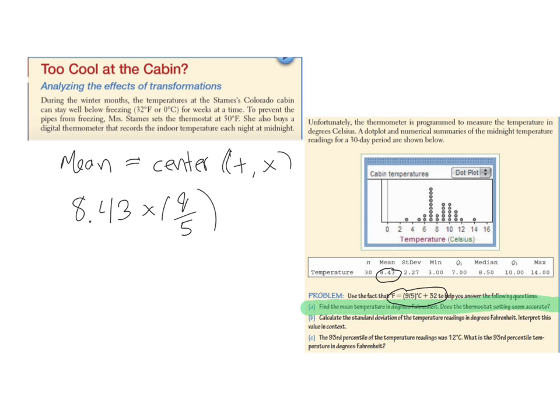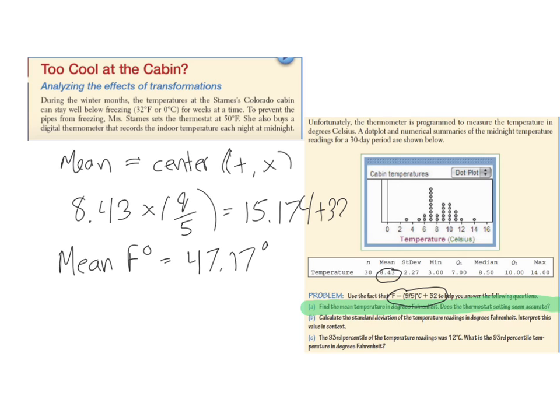And then we're going to add the 32 to that, because it also gets that transformation. So that's going to be the new mean. The mean in Fahrenheit is going to be 47.17 degrees. Okay, that's how we would find that mean.